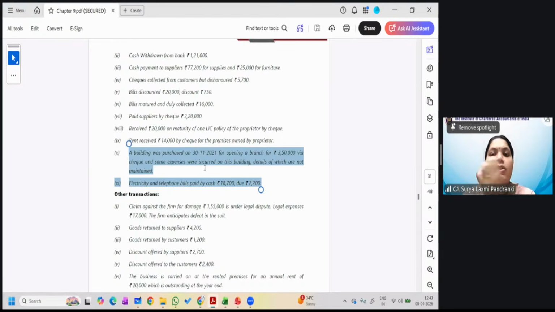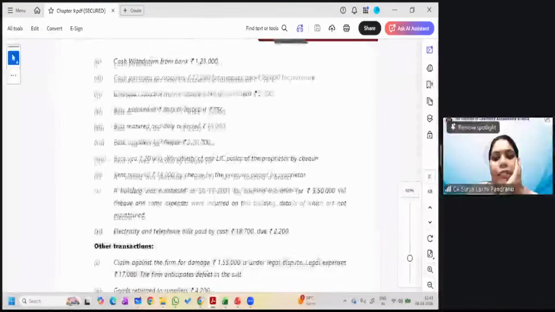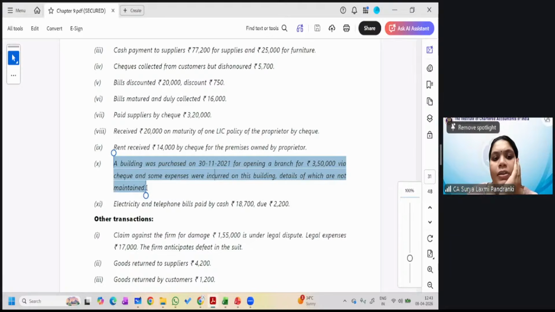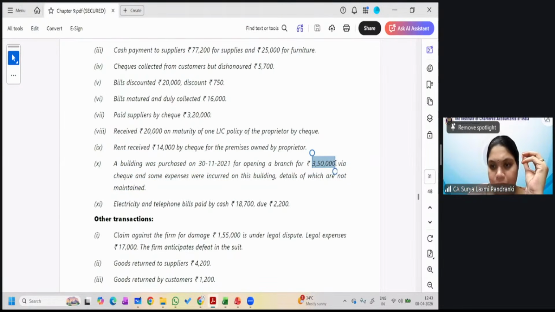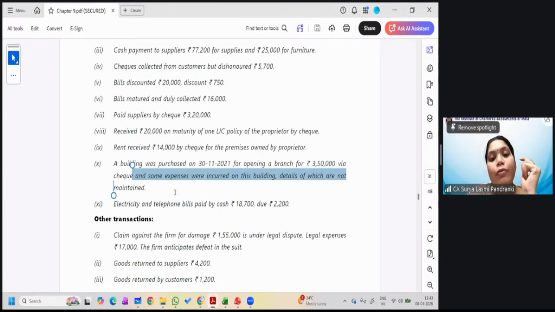Okay. So this transaction, is everybody clear what we have done here? What happened is, they told that we are opening a branch and there is a building that we have purchased. That building was purchased for 3,50,000. That is a direct cost which is given to us, and which is paid through cheque. But along with this, they told that we have also incurred some expenses, right?